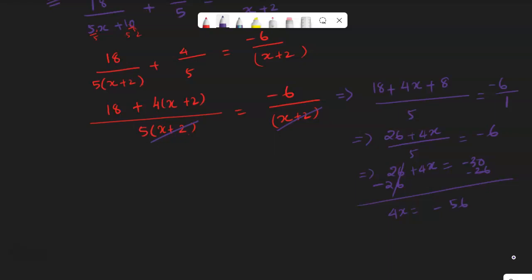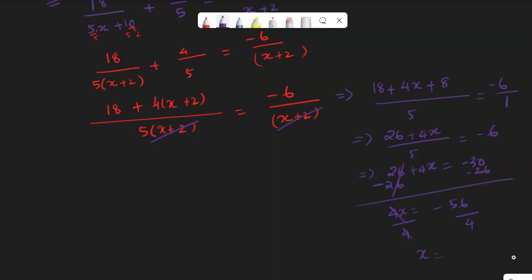Now we need to eliminate 4 on both sides, correct? Cancel out. So x is equal to how many groups of 4 you need to make 56. You can use your calculator or you can use mental math.